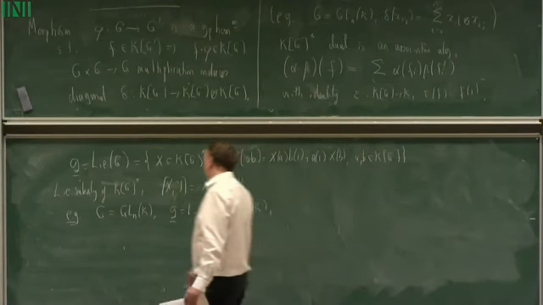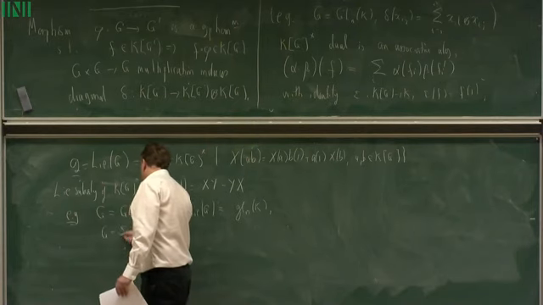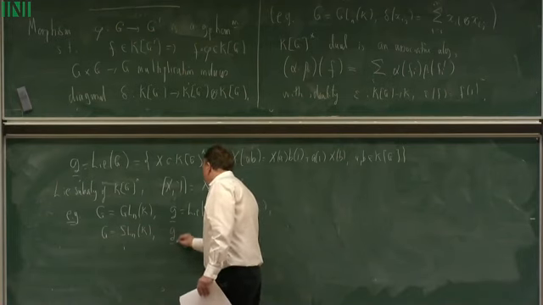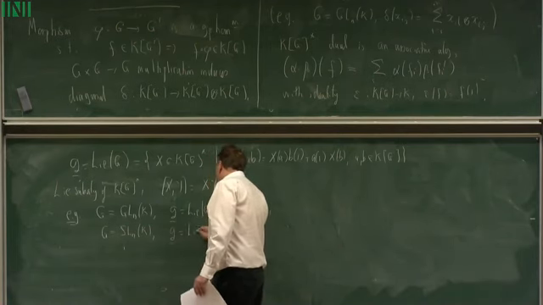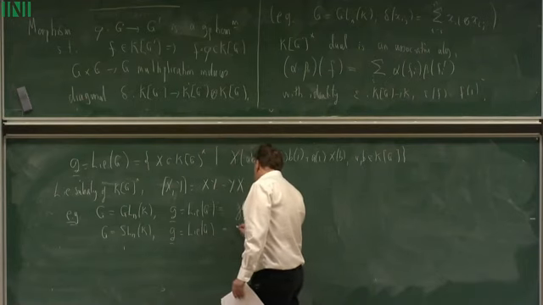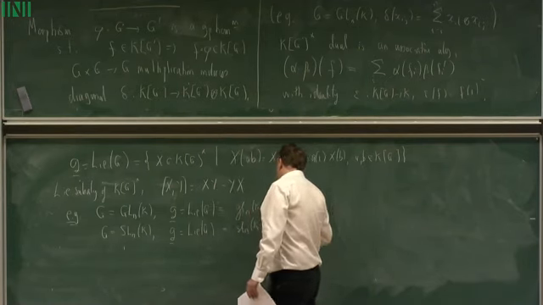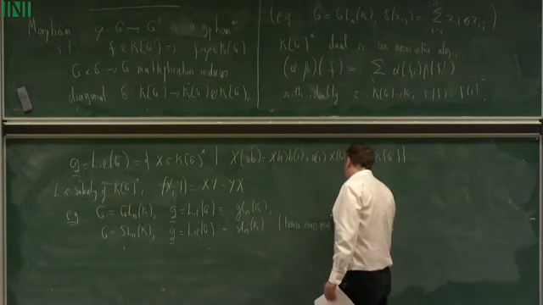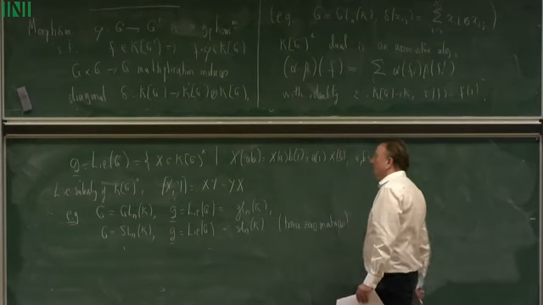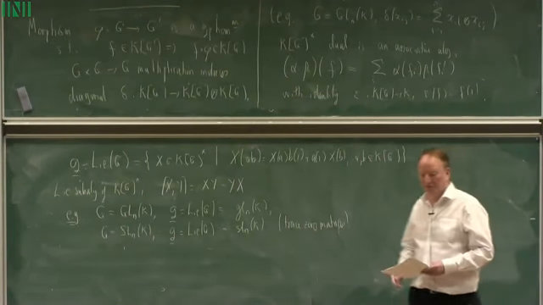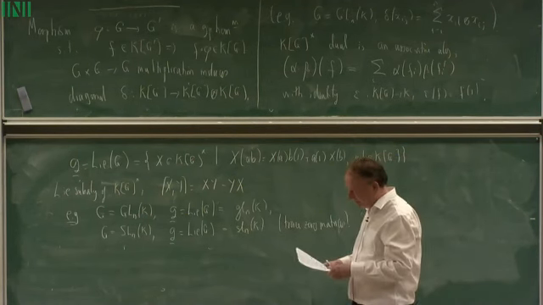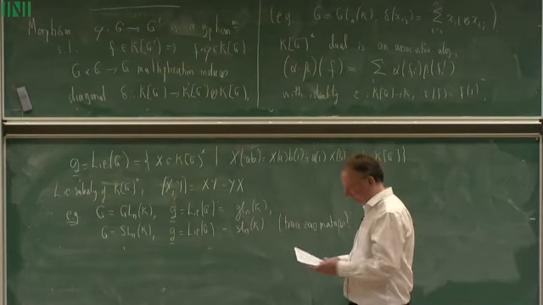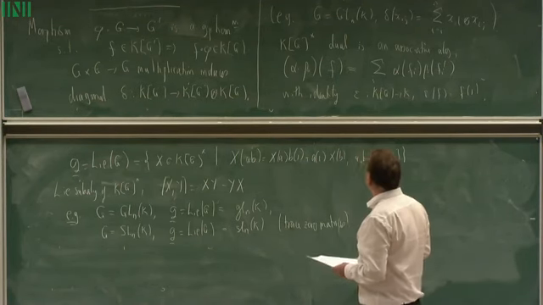And if G is SL_n, you won't be surprised to know that the Lie algebra is little sl_n, which means the trace zero matrices. And when you've worked out these two examples, it's not difficult to work out the general Lie algebra of an algebraic group that somebody might throw at you.